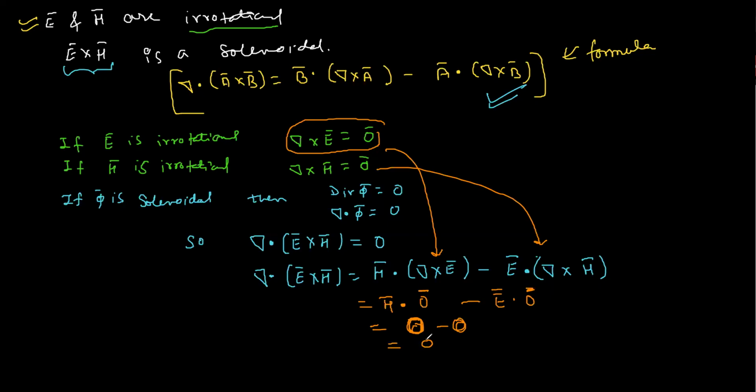Zero minus zero is zero. Understood? Therefore, solenoidal. You can go through once this part, then I will go further.